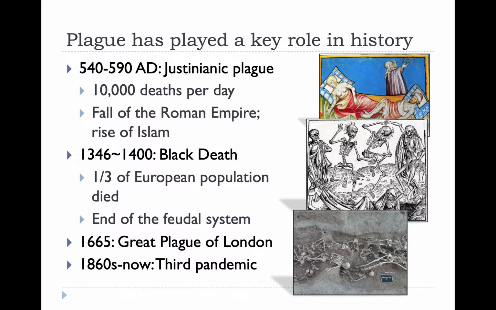It's said that this brought about the end of the feudal system, because labour was in such short supply that the lords of the manor couldn't just order people around anymore, because there were so few of them and they could just move to the next place. And it also is said that this may have changed the structure of Europe to pave the way for the Renaissance.